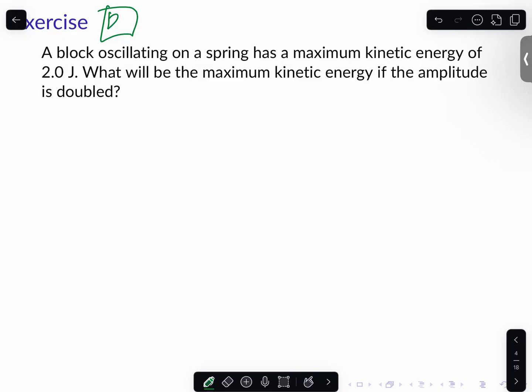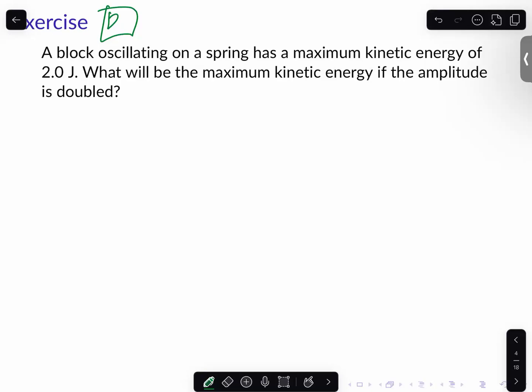When you're at max position, which is the amplitude of the oscillation, your energy is all in potential form. So the first logical step is to realize that the maximum kinetic energy is equal to the maximum potential energy.